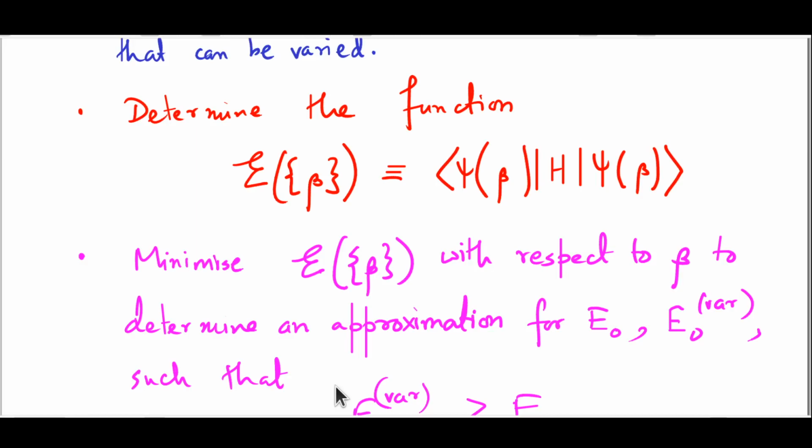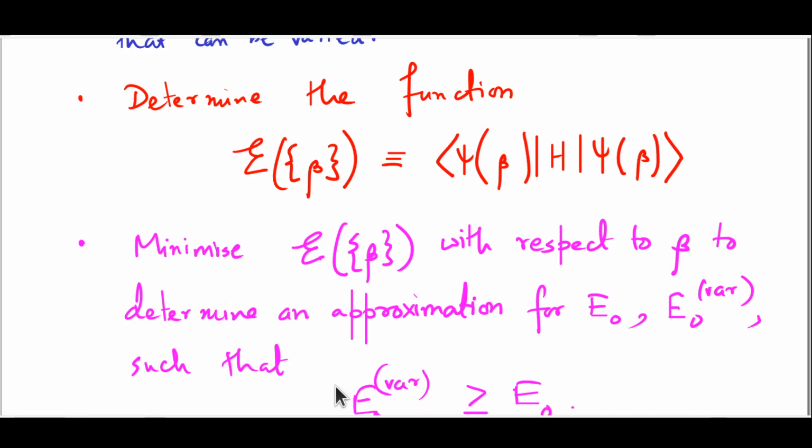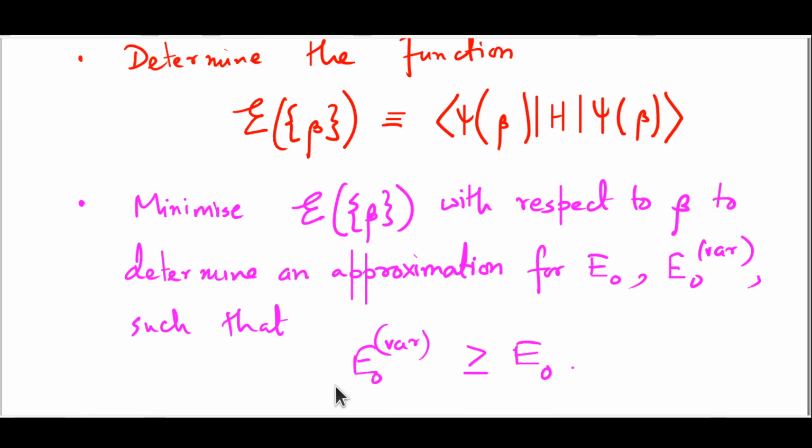This is what we call E0 variational, and we know that this E0 variational, even the lowest value, has to be greater than or equal to E0. Of course, within the family that we have chosen, E0 variational, the minimum value of curly E of beta, is going to be the closest that we can get to E0.